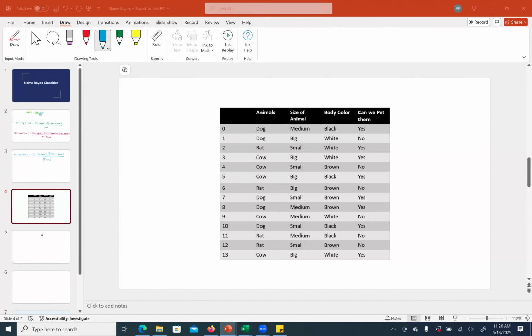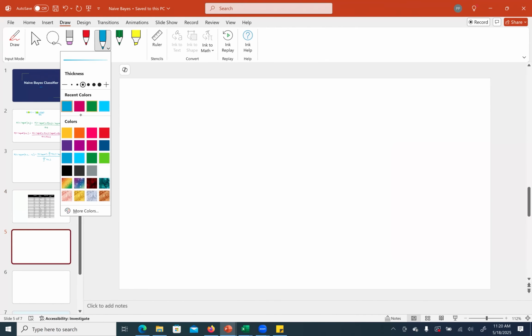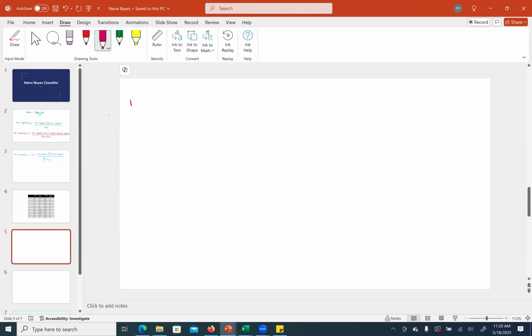Before jumping onto the calculation, let's first look at a few probabilities. The different animals that I have are dog, rat, and cow.